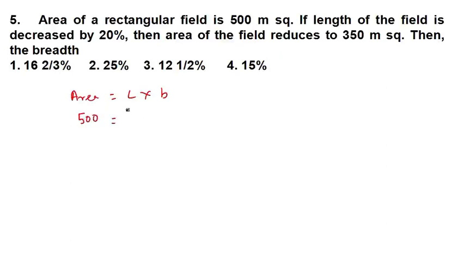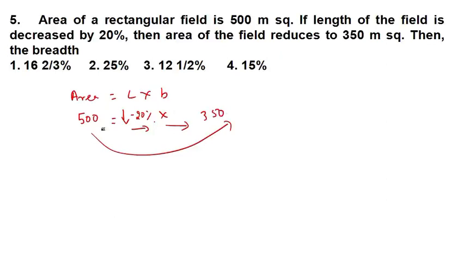And length got decreased by 20%, and we don't know what happened with breadth, by what percent it got increased or decreased. We do not know. But this area will reduce by 350.